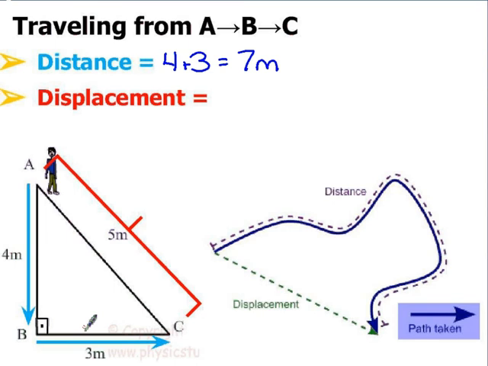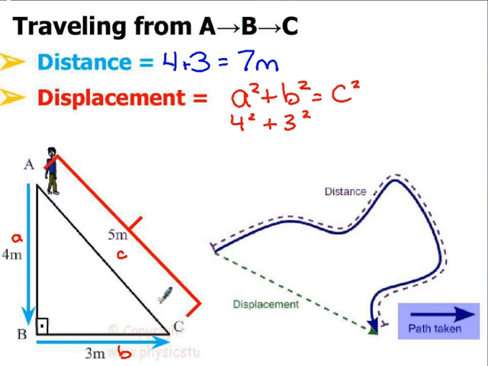So the displacement, we're going to have to use a squared plus b squared equals c squared, where this is a, this is b, and this is c, because a and b will be beside the right angle. So let's plug in our values. I know a, that is 4 squared, and I know b, which is 3 squared, and I'm trying to figure out c. So that's my variable that's still left over.